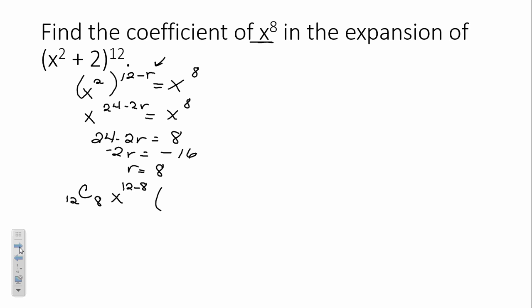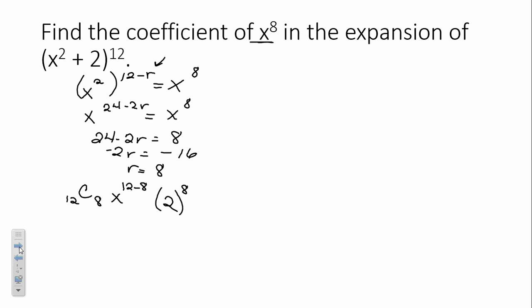And then our positive 2 would be to the r. Because we needed the 4th power. We need n to be 4.